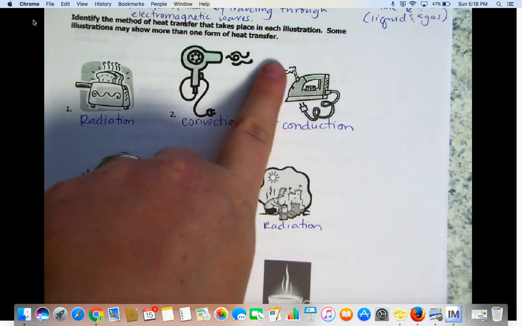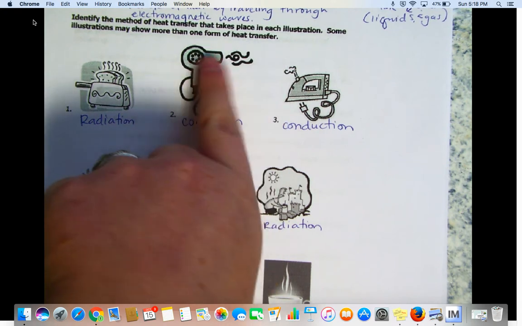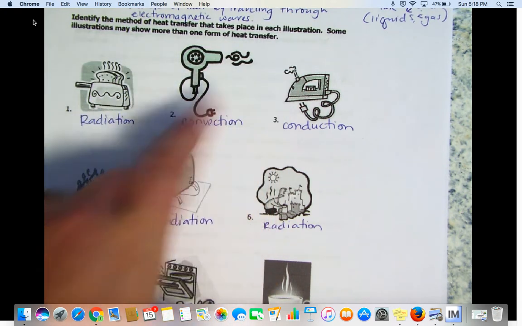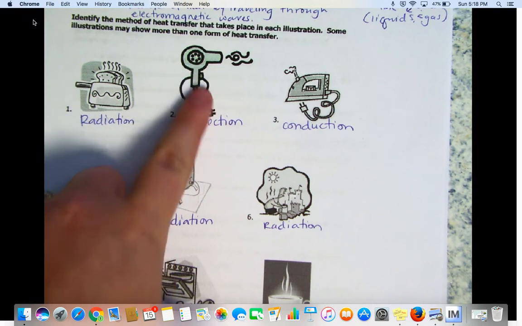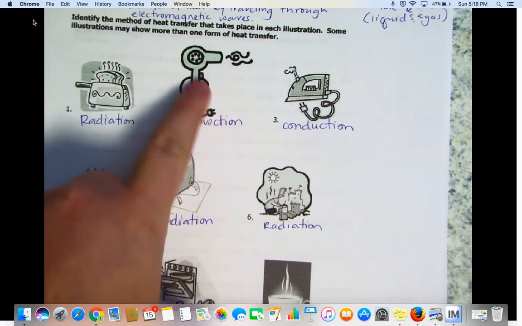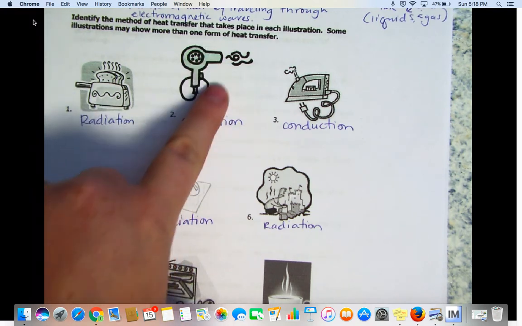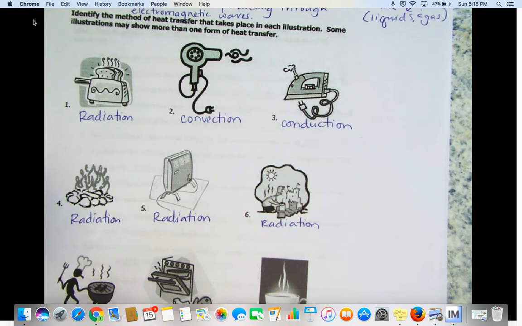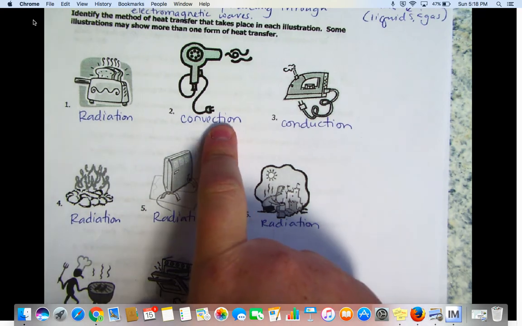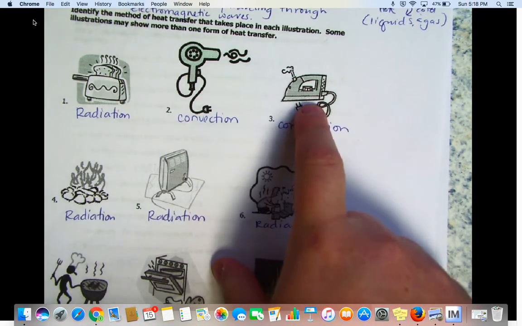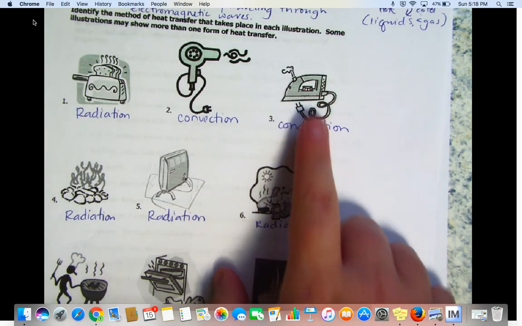Sends that hot air in, blows my hair, it rises. Cool air comes in where? The blow dryer, and it heats up, and it goes right back to my hair, and it's a continuous cycle, okay? Convection. If you got stumped on that one, just think about liquids and gases.